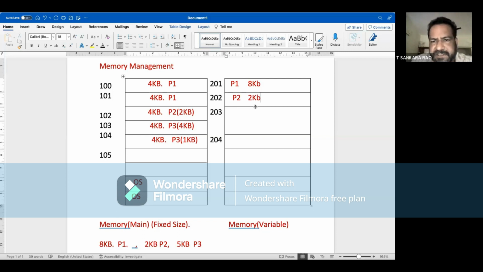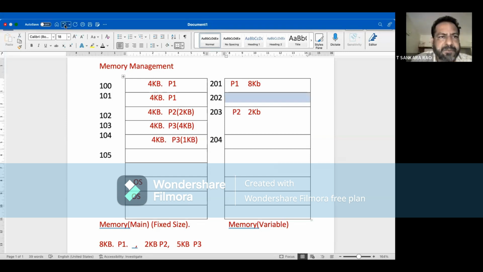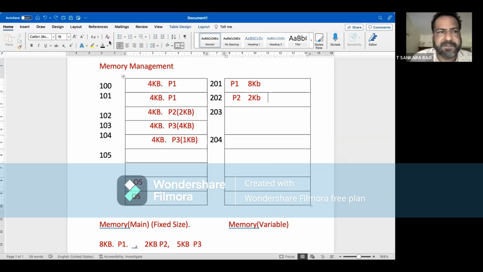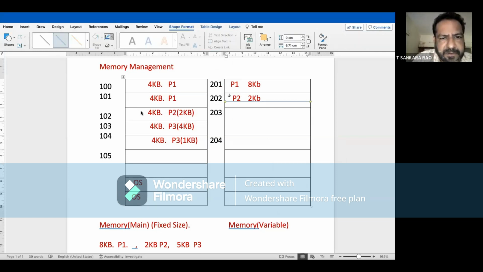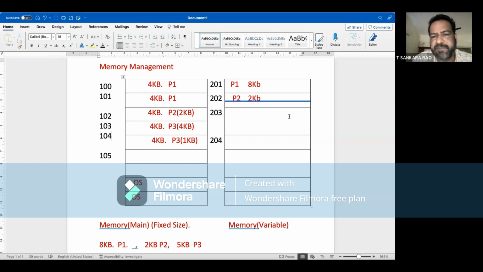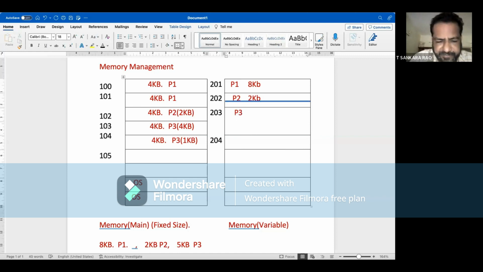So this is just 2 KB. I cannot show it as a different size here, so the P2 is 2 KB, and P3 is 5 KB.